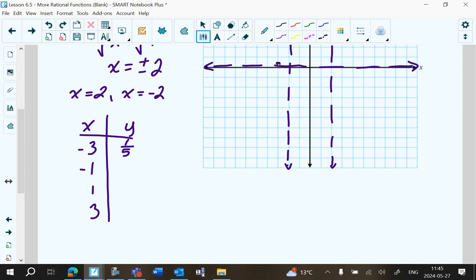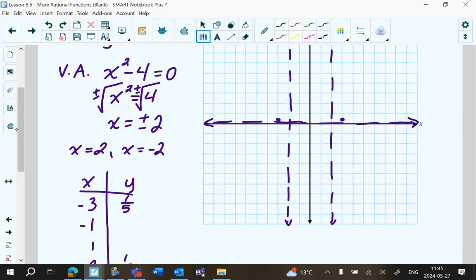Because it'd be 1 over 3 squared minus 4, which is 1 over 9 minus 4, which is also 1/5. And remember, we know the shape that it's going to take in these two sections. It's going to go like this, and like this.